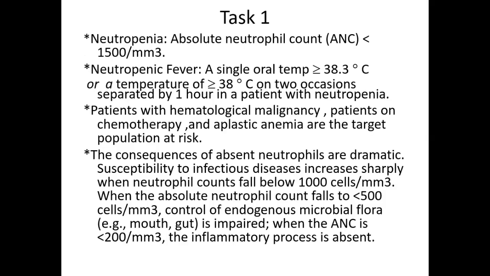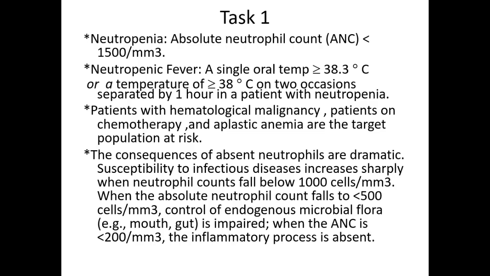Okay, so we start with the first task. Neutropenia is defined as absolute neutrophil count, which is less than 1,500 neutrophils per cubic millimeter.